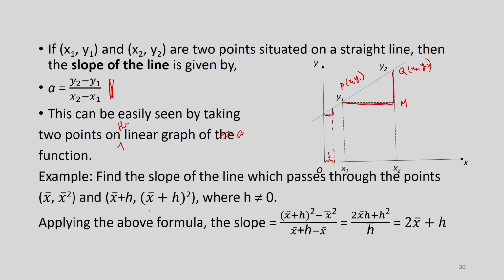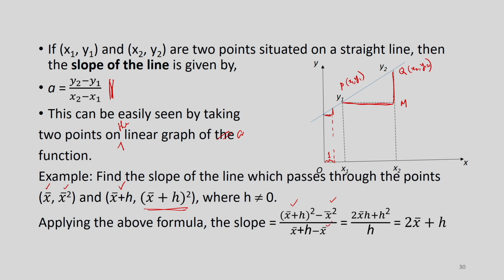Here, what is y2? Let us suppose y2 is this one. So, x bar plus h whole square is y2. I have written that minus y1, which is x bar square, and divided by what is x2? x2 is x bar plus h minus x1, which is x bar.